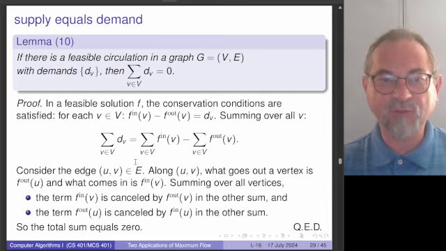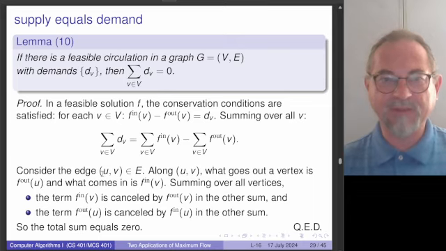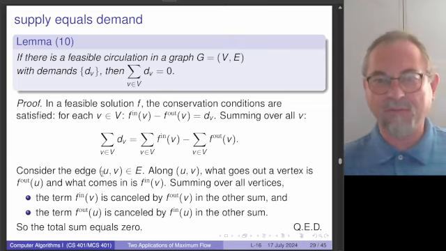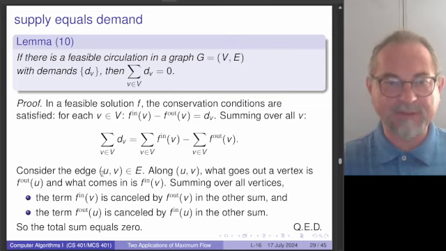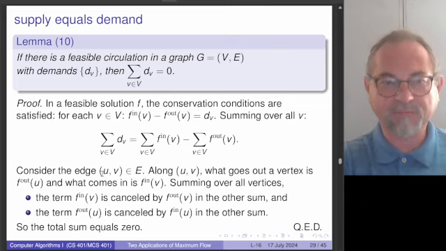So we have 2 sums to consider. The sum of the demands of U and V is what goes in. If we first consider V, what comes in minus what goes out. And that is compensated with, since there is an edge, what comes out must be cancelled by what comes in from the other.